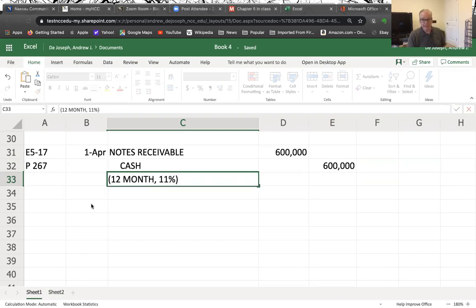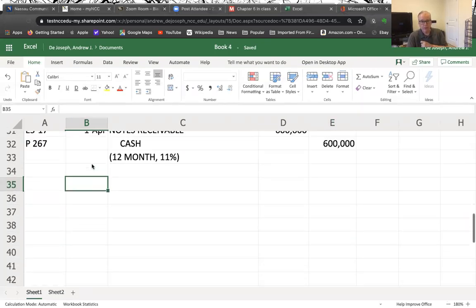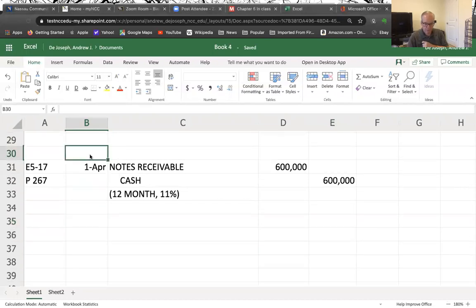I'm just writing that down there to remind myself that I can expect to receive that money April 1st of next year. So this is April 1st of 2021, and I can expect to receive that on April 1st of 2022. 600,000 plus interest. So that's number one. That's the first thing they wanted you to do.